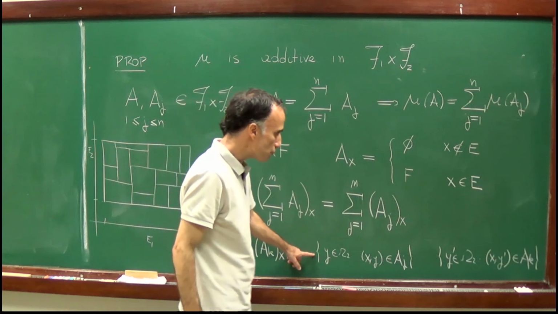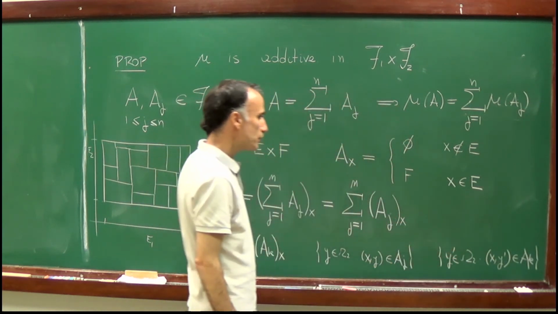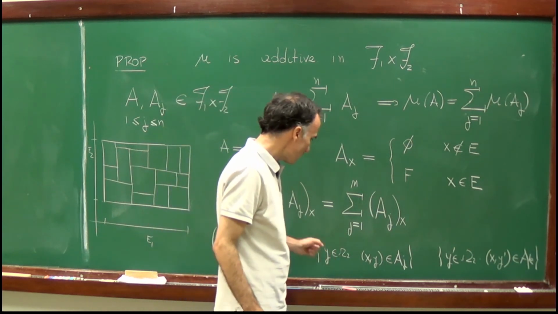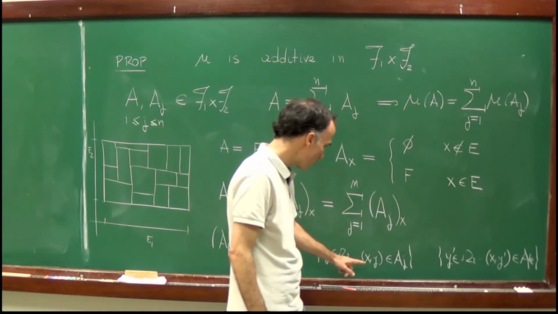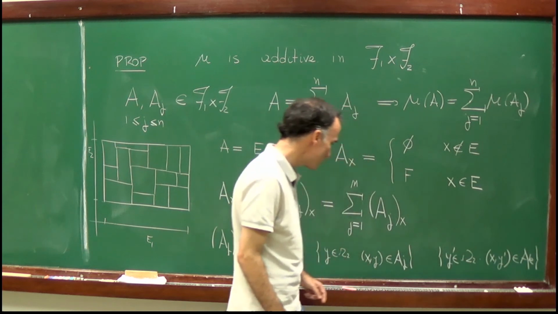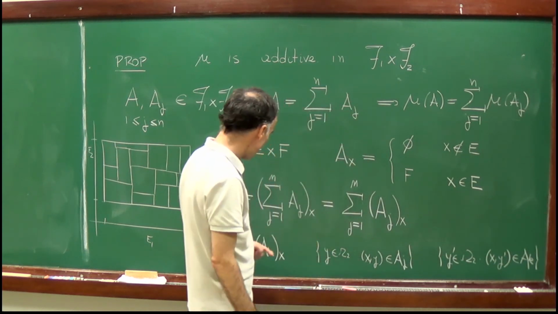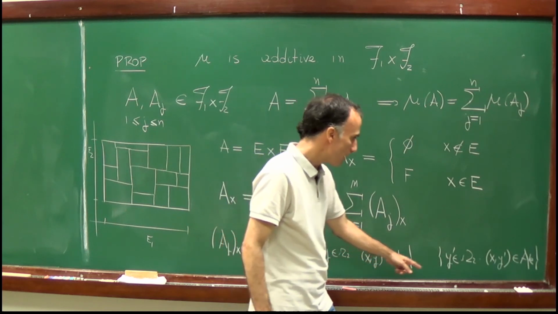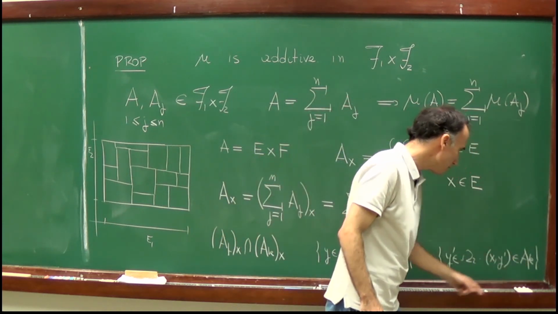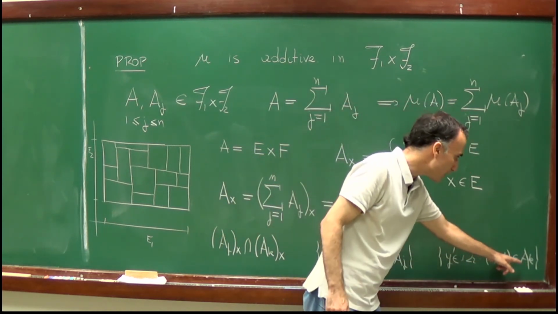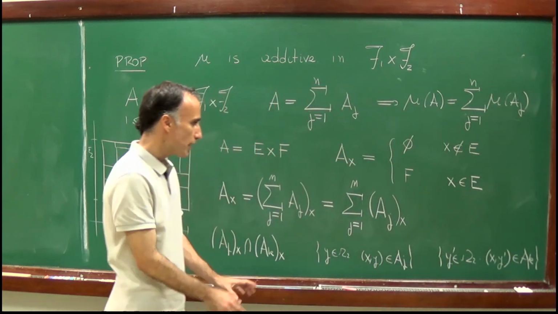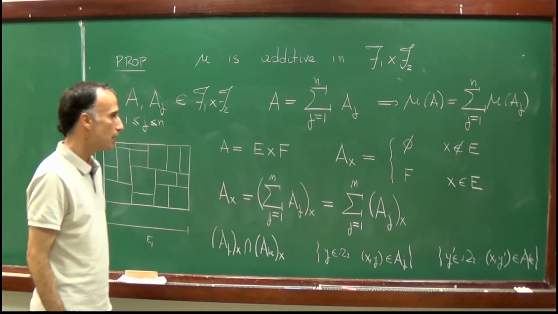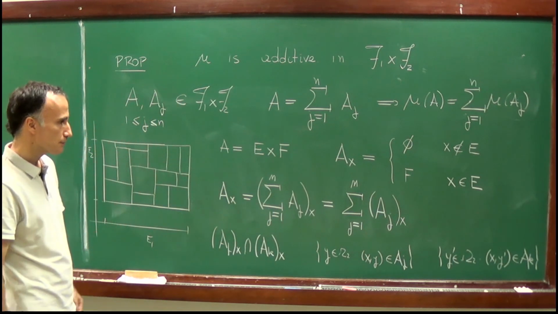And I claim that these two sets do not have any intersection, because if I have a point y which belongs to both of these sets, this would mean that for that precise x, xy would be in AJ and xy would be in AK. So AJ and AK would have a non-empty intersection, but the AJ are disjoint sets.